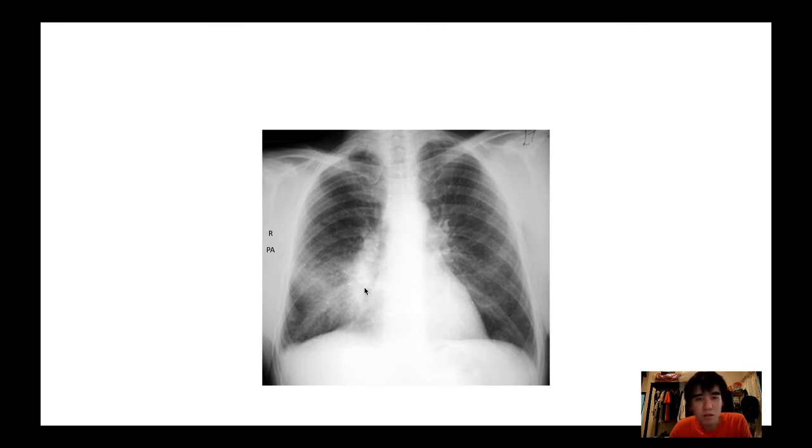There is opacity in the right mid and right lower zone, and there are perihilar opacities. I'm not sure what it is.